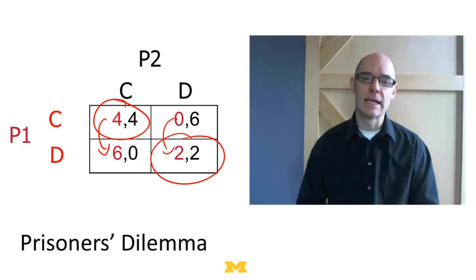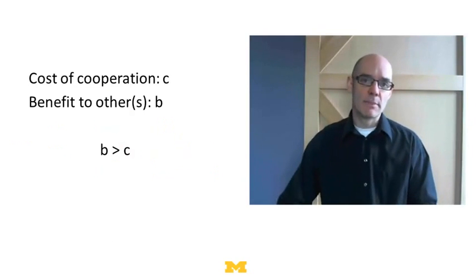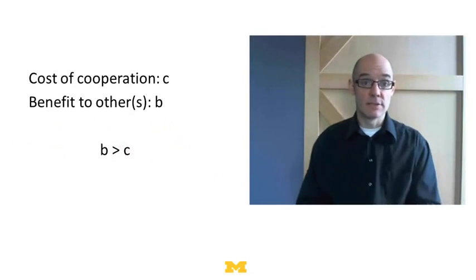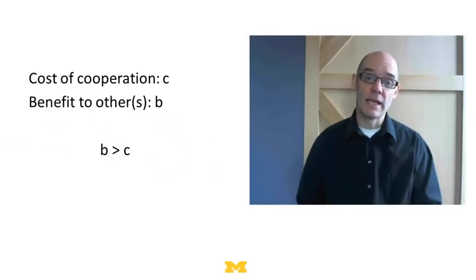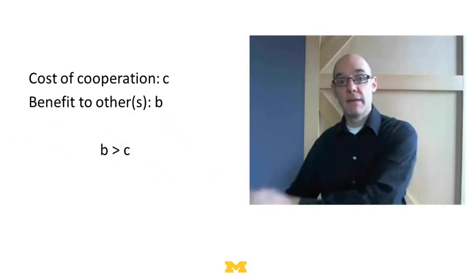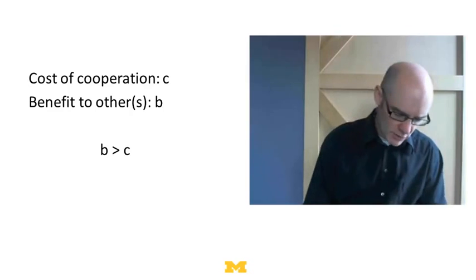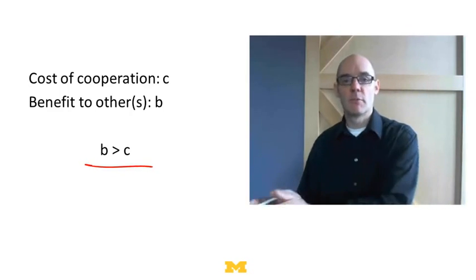So to analyze that, I want to move to a somewhat simpler model. I'm going to assume that each person just has an action they can take, and if they take that action, it has some cost and some benefits. So I'm assuming that if I cooperate, that has a cost to me of C, but it has a benefit to the person I'm playing with of B. And I'm further going to assume that their benefit is larger than my cost.